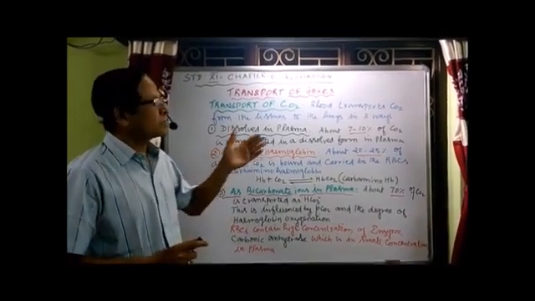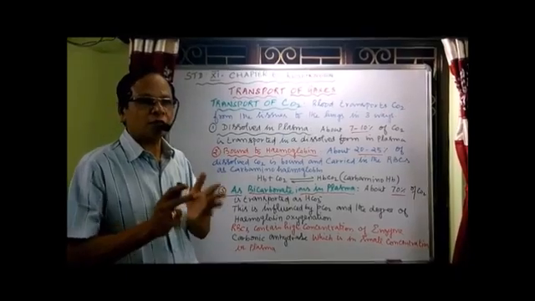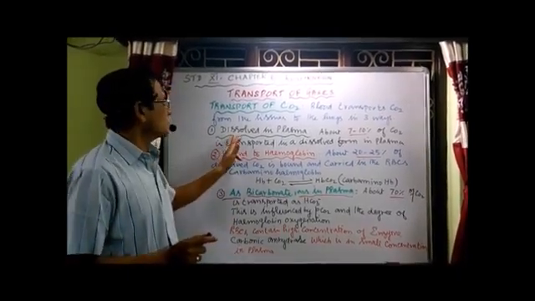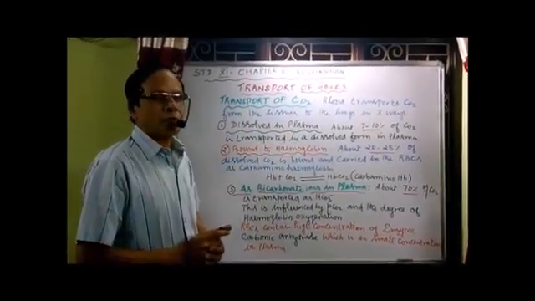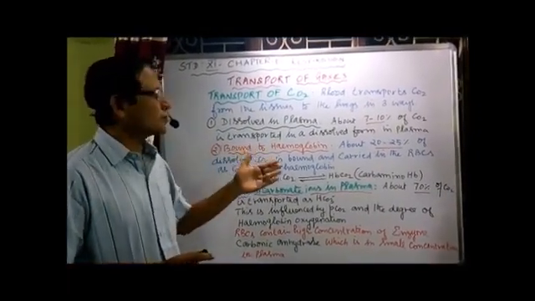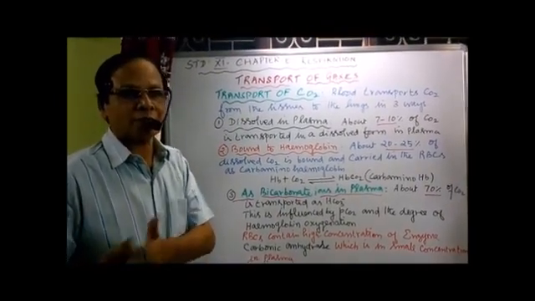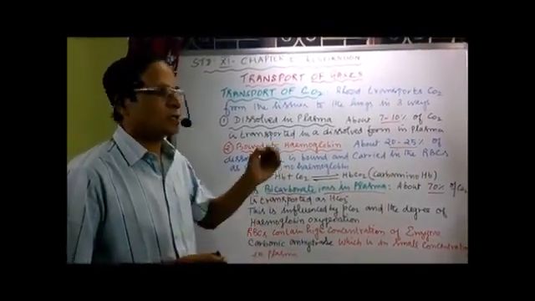Normally, blood transports carbon dioxide from the tissues to the lungs in 3 different forms. Number 1, dissolved in plasma. About 7 to 10% of carbon dioxide is transported in dissolved form in plasma. It combines with water to form carbonic acid, which is transported in dissolved form, only the least amount.